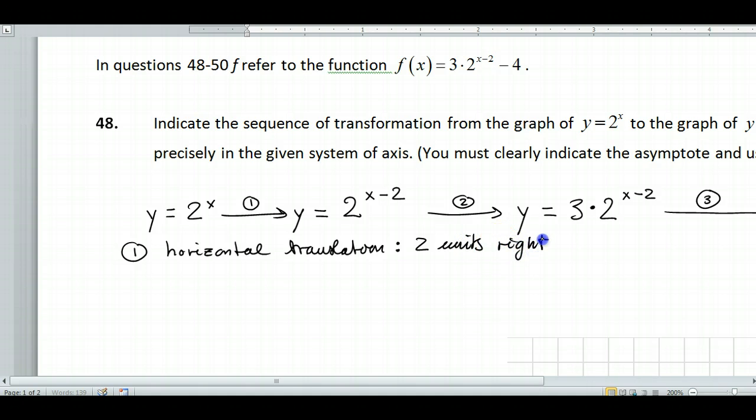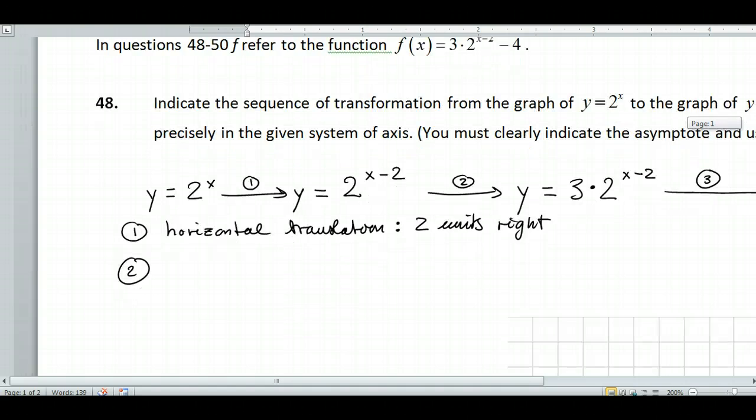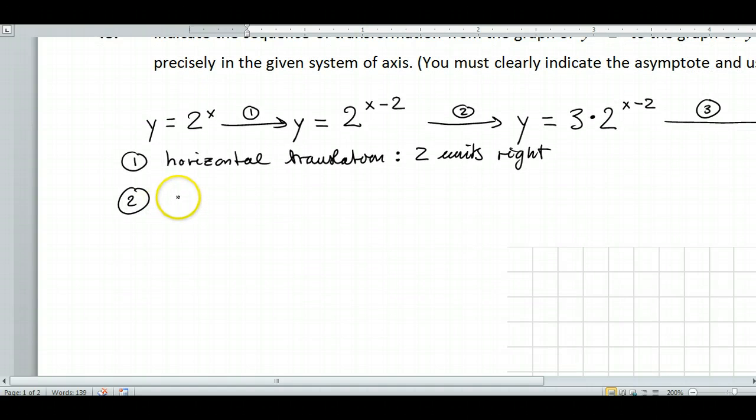Okay, it's counterintuitive. If you subtract from x, you go to the right. The second one is a vertical dilation.